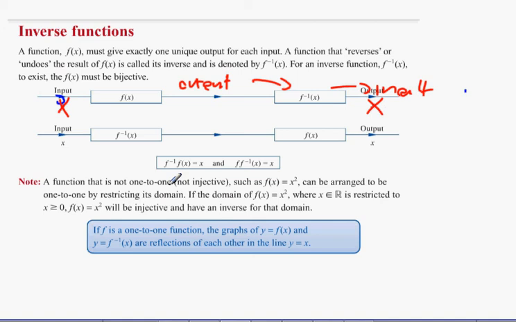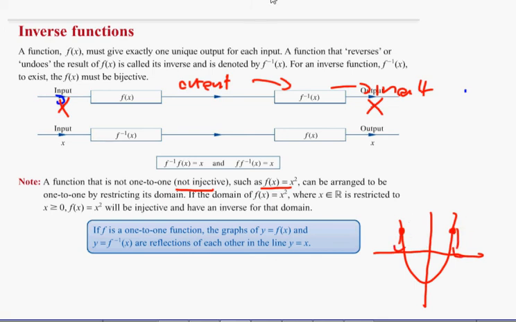A function that is not one-to-one, not injective, such as f of x equals x squared, can be arranged to be one-to-one by restriction. So guys, because of quadratic diagrams, you know when you get the outputs, do you know why an output can give you two different inputs?